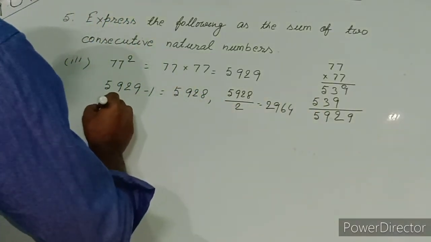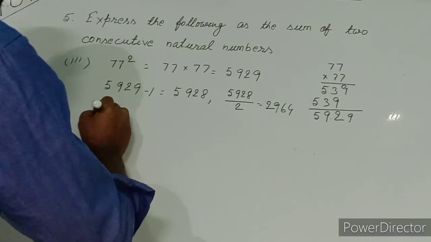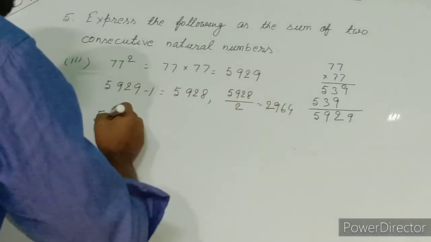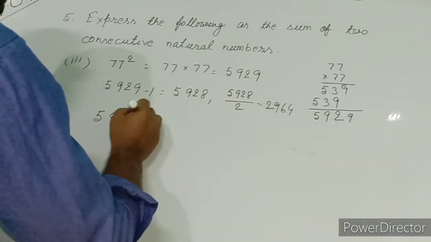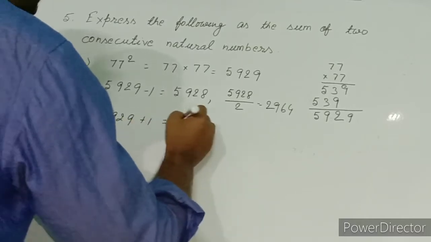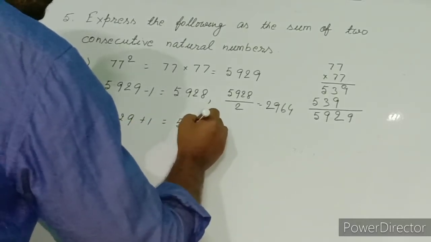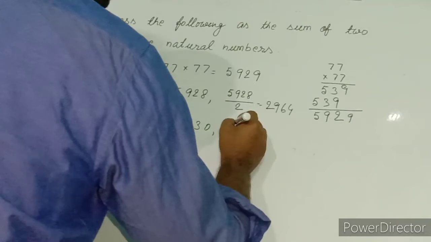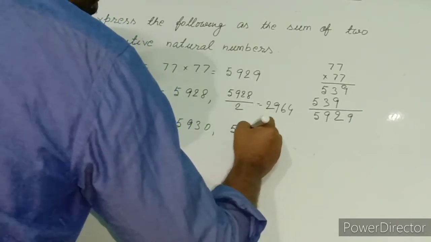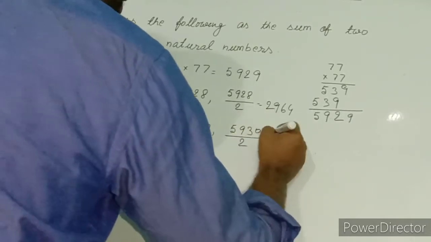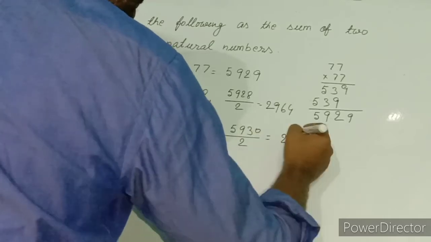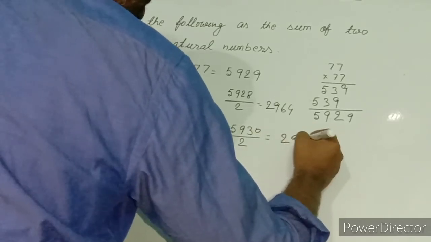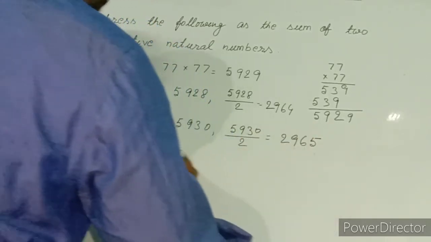Now the second, we add 1 to the resultant number. The resultant number is 5929. We got 5930. Again this 5930 will be divided by 2 and we get 2965.